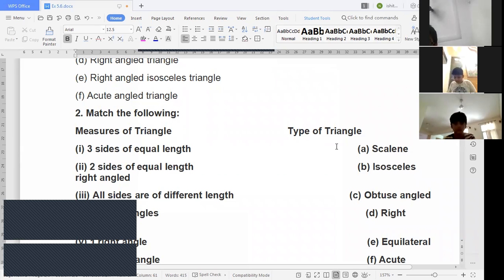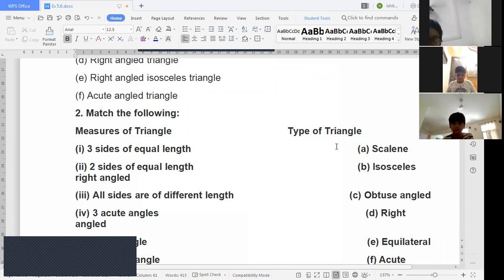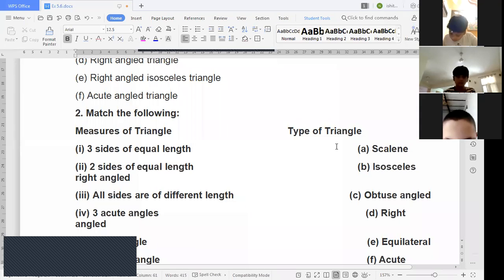All sides are of unequal length, different length.